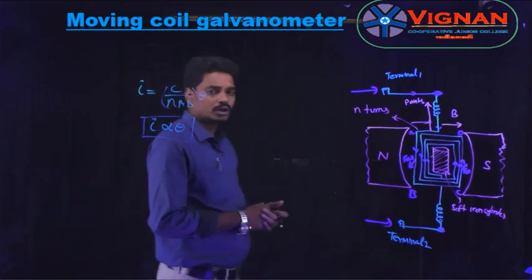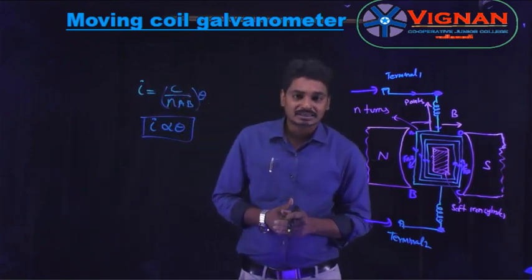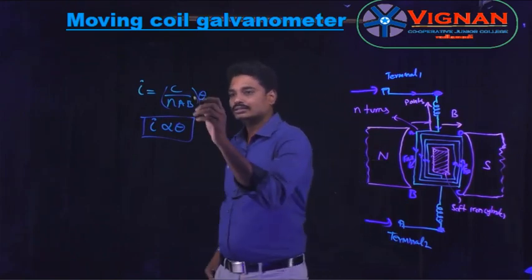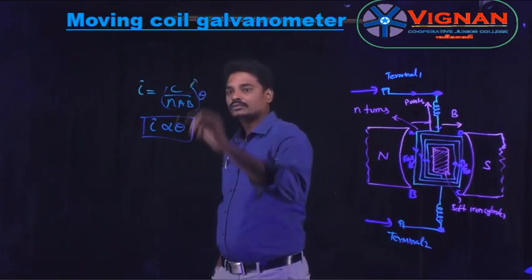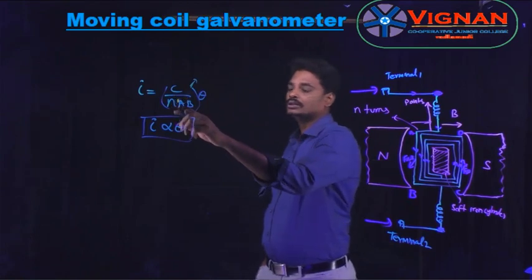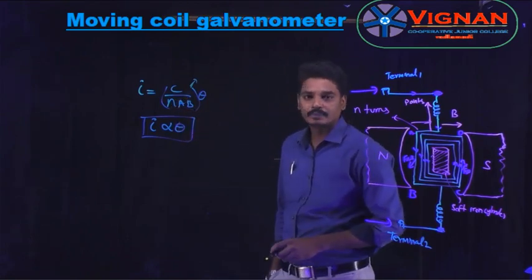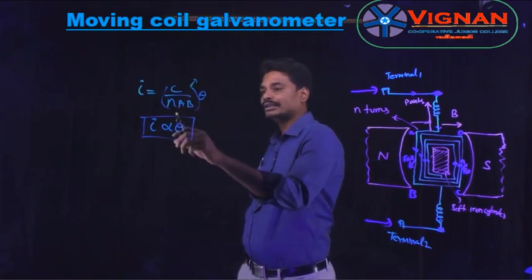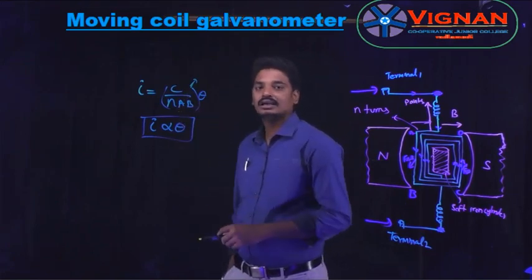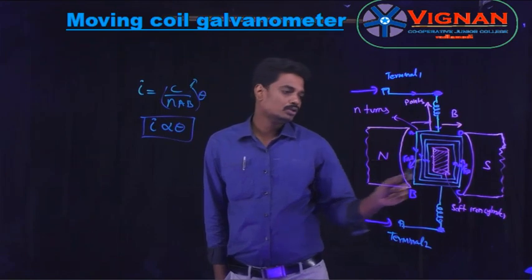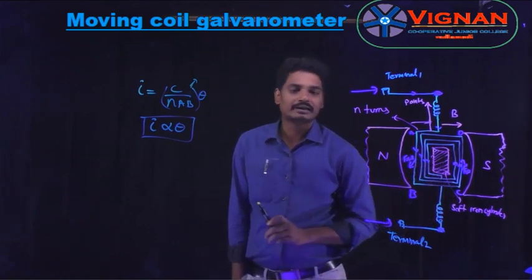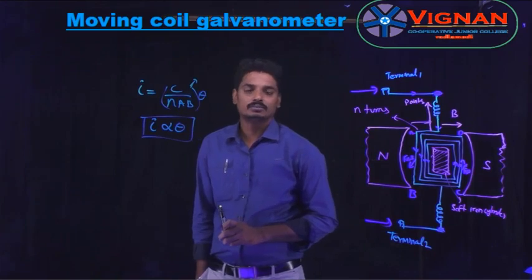In this moving coil galvanometer, there are some merits and demerits. The galvanometer constant is given by K is equal to C by NAB. Here C denotes the couple per unit twist, N is the number of turns, A is the area of cross section, and B is the uniform magnetic field generated by the two permanent magnets, the North Pole and the South Pole.